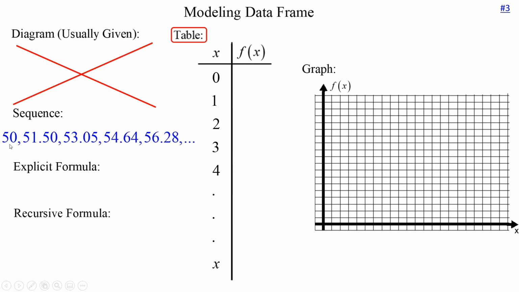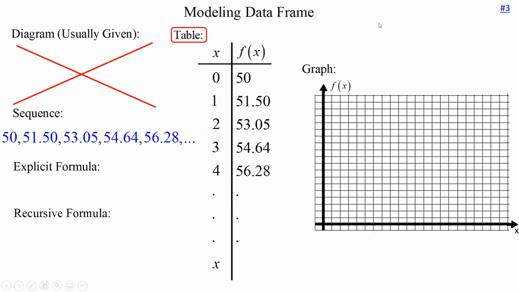Well, f of 0 is 50. f of 1 is $51.50. f of 2 is $53.05. f of 3 is $54.64. And f of 4 is $56.28. And we're going to put our expression in when we get it, when we do this explicit formula.